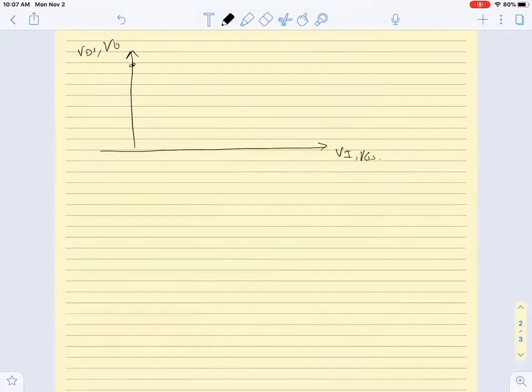We saw that VO is going to be equal to VDD until the input reaches VTN. That means as long as the input is below VTN, my output is equal to VDD. So this is point A here, and this value is really VDD. Actually, I am operating at A for all values less than VTN. So the transistor was cut off.